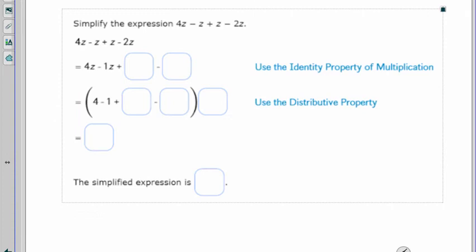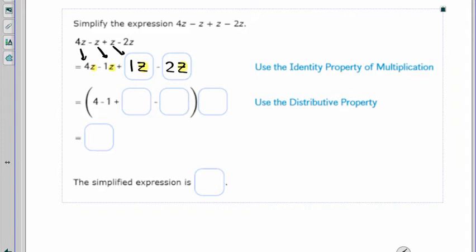All right, here's a little more drawn out approach to labeling things as such. Again, 4z can become 4z. Minus z is minus 1z, because 1 times z is the same as z. Again, I can do 1z, 1 times z. And then here I have 2 times z, and I can pull out a factor of z.